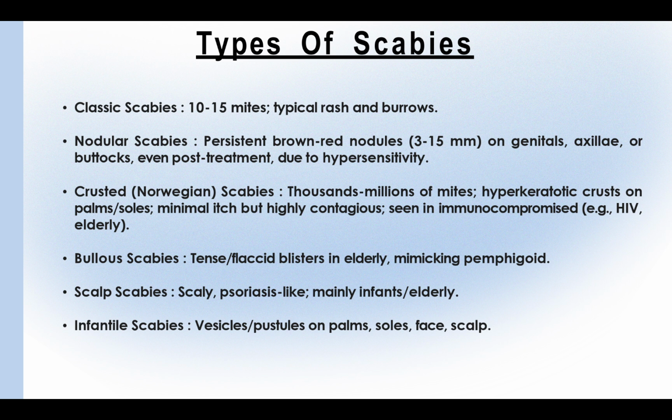Bullous scabies shows tense or flaccid blisters in the elderly, mimicking pemphigoid. Scalp scabies is scaly and psoriasis-like, mainly in infants or elderly. And infantile scabies brings vesicles or pustules to palms, soles, face, and scalp. Recognizing this helps tailor your approach.